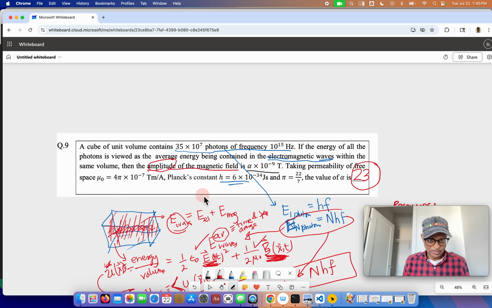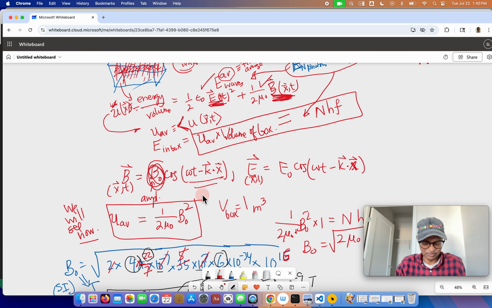Okay. Now let's go back and look at something that we did that made this happen. We had to kind of remember this formula for energy density in an electromagnetic wave.